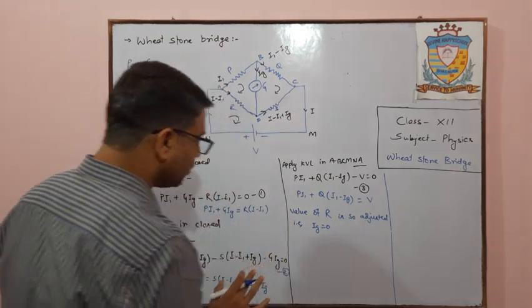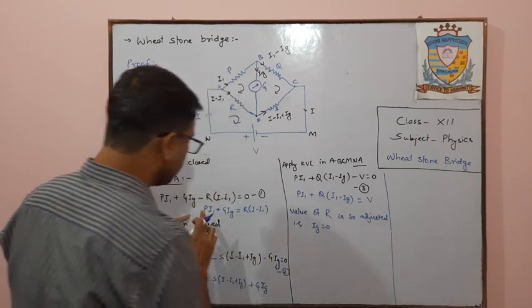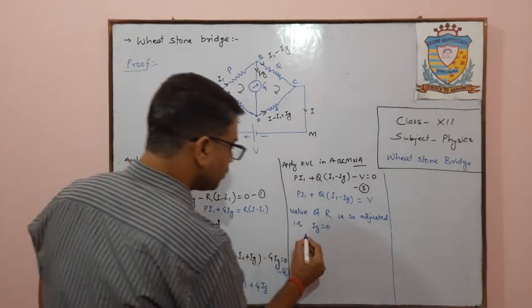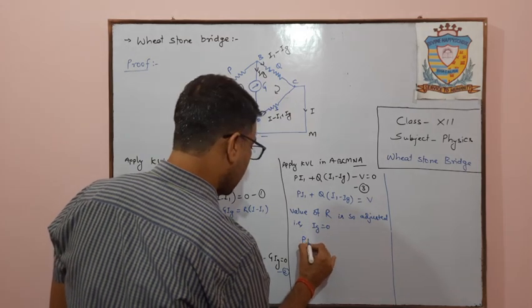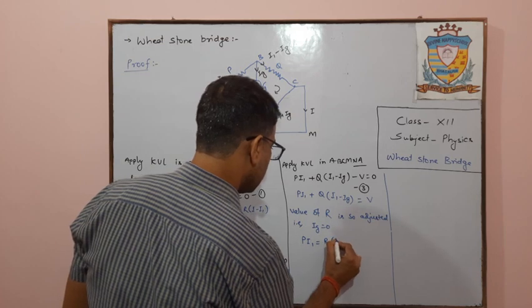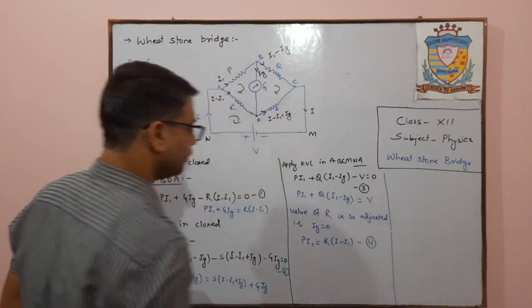So if it is so, then our three equations, this equation becomes P I1 plus this whole quantity will become 0. So P I1 is equals to R(I minus I1). Let this be equation number 4.